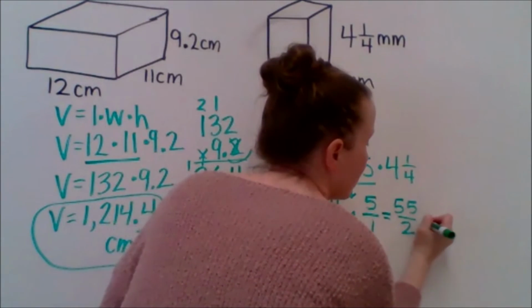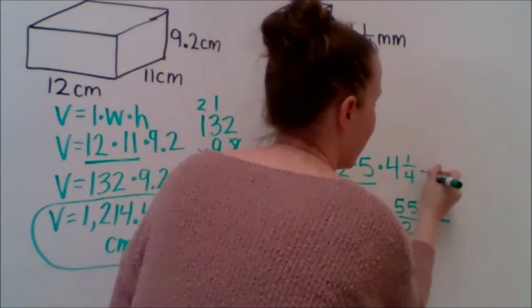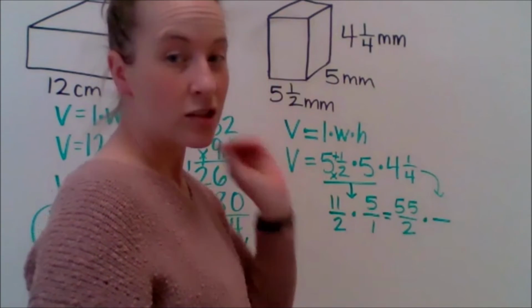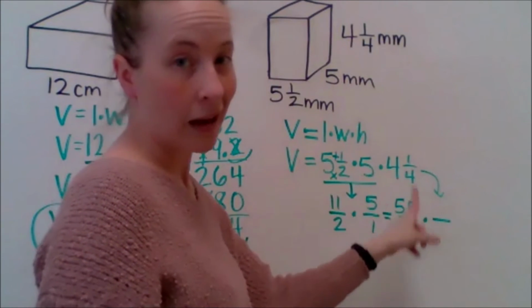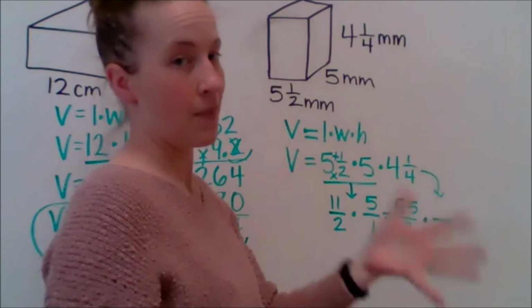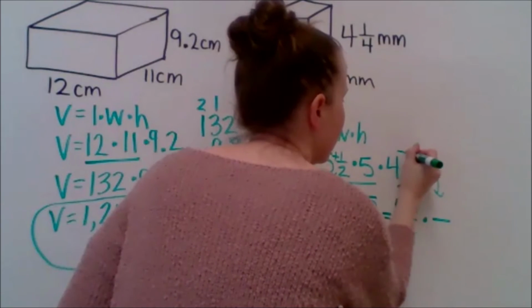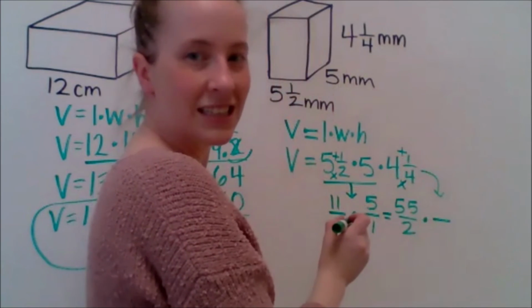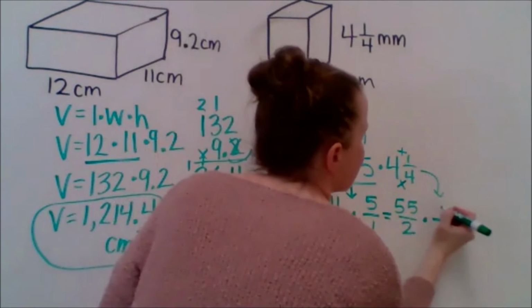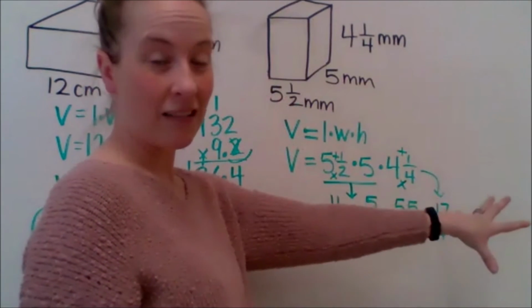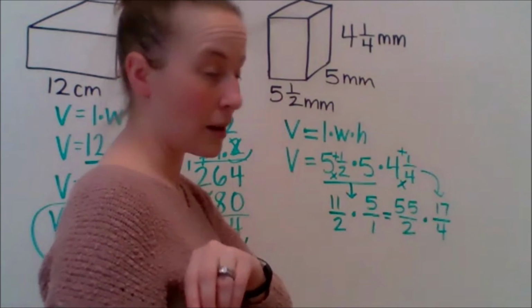And then I'm going to multiply by 4 1/4, but I have to make that into a fraction too. So before I change this back, I'm going to do my next multiplication step, and then I'll change it back at the very end. So Texas, once again, 4 times 4 is 16, plus 1 makes 17/4. And I'm going to multiply these, get my final answer, and convert it back to a mixed number.